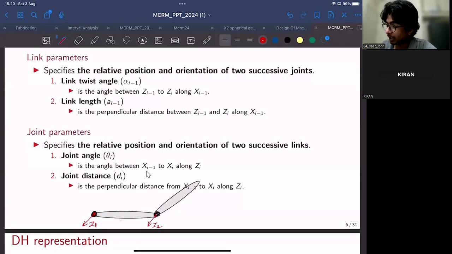And x1 would be perpendicular to z1 and z2. In this case, they are parallel, so it can be chosen along any direction. But for convenience, we will choose it along the link length. z2 would be along the link length of the second link, x2. This is link 2, this is link 1. And the relative orientation between x1 and x2, you can call theta 2.